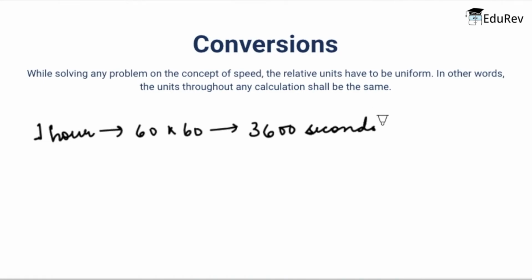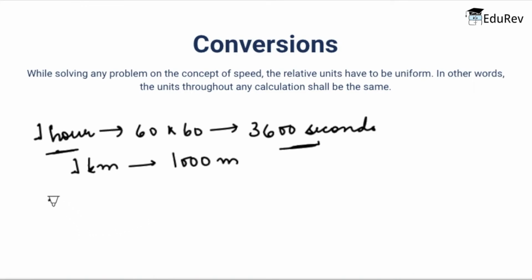Now, there is a trick for speed conversion. Let us use both the tricks to do the most common conversion that you will encounter in this section. The most common conversion is from kilometers per hour to meters per second. So let's convert 1 kilometer per hour to meters per second. We know that 1 kilometer is equal to 1000 meters, and 1 hour is 3600 seconds.